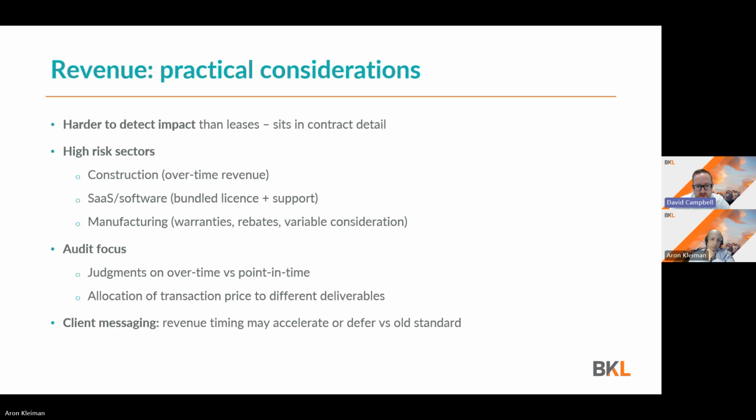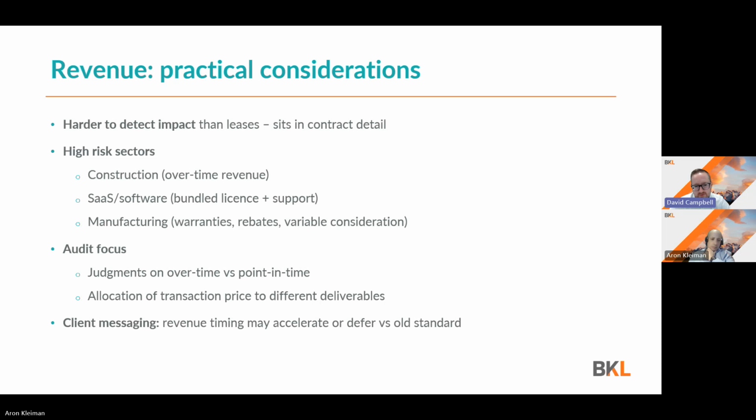And yeah, I've put here some high risk sectors. So any sectors that have a greater expansive time between the billing and the cash being received. So immediately you think of construction companies that have milestone billing arrangements or have various different components to the contract.